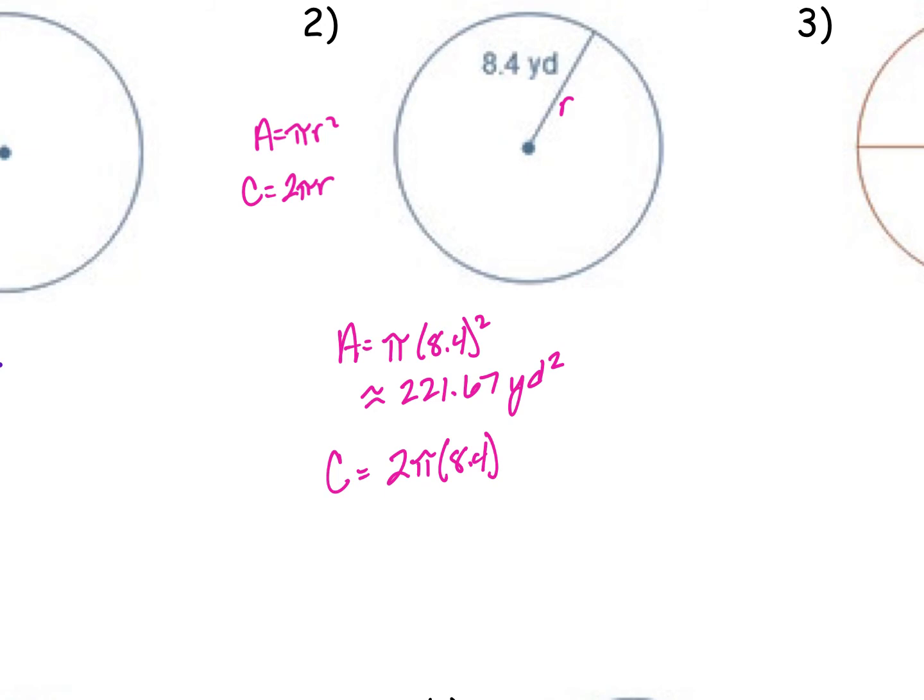So they're not the same, and I should not get the same answer. My circumference is going to be 52.78 yards. Okay? Not too bad? Pretty easy?